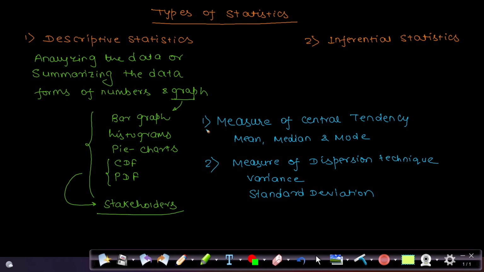Now we will go with inferential statistics. Let's look at the definition. Inferential statistics deals with conclusions, or we can say inference, using some experiments.